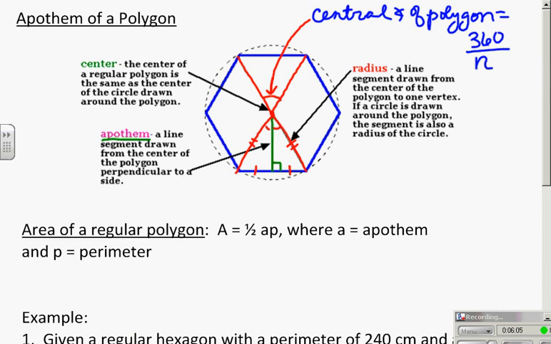And because these are radii, these are also equal. If you have a hexagon, which is 6 sides, 360 divided by 6 is 60, bisected. I get 30, 60, 90 triangles in these little triangles, with that apothem being something I can calculate.